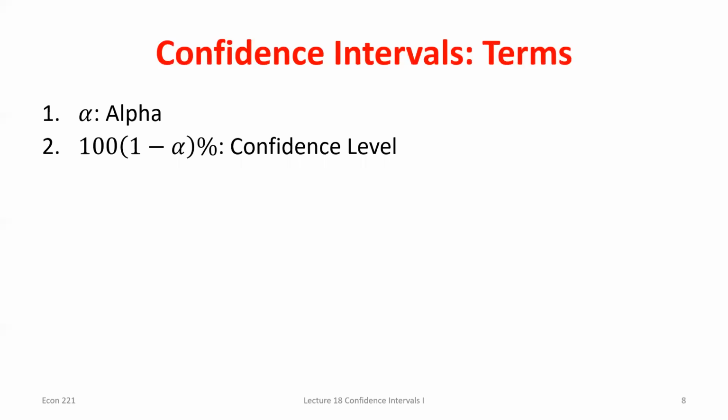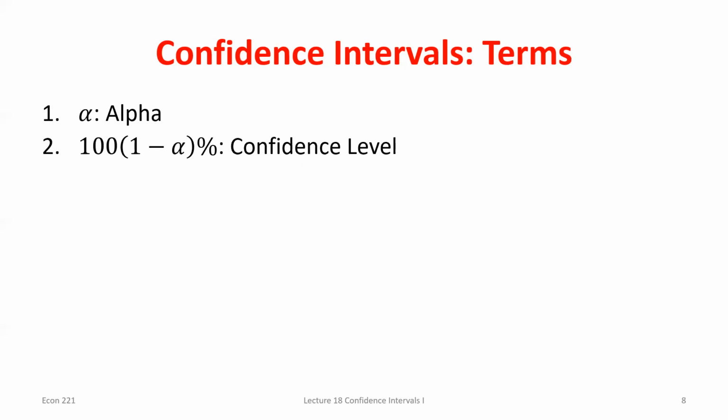Another way that we'll reference this is alpha. Okay? So what alpha will represent to us is the total area outside our confidence interval. So with my 90% confidence interval, my alpha, or the total area outside my confidence interval, would be 0.1, which means how much would be in each tail?